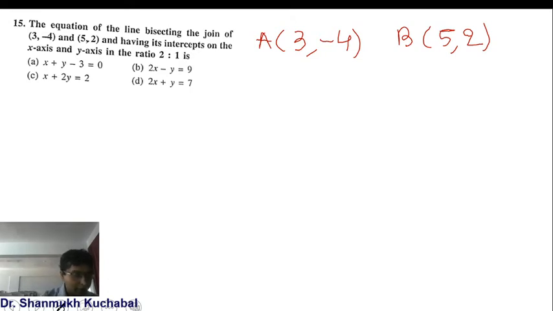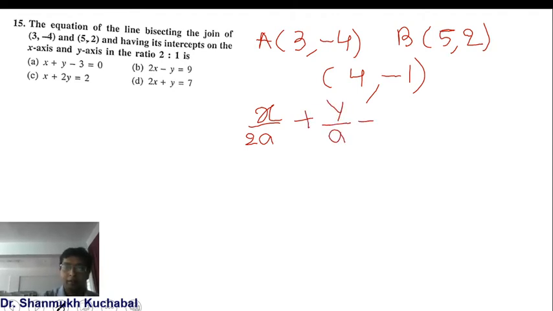So we will write the equation of the line. It will pass through a point, which we can calculate using the formula. It is (4, -1). Then the equation of the line is x by 2a plus y by a equal to 1.